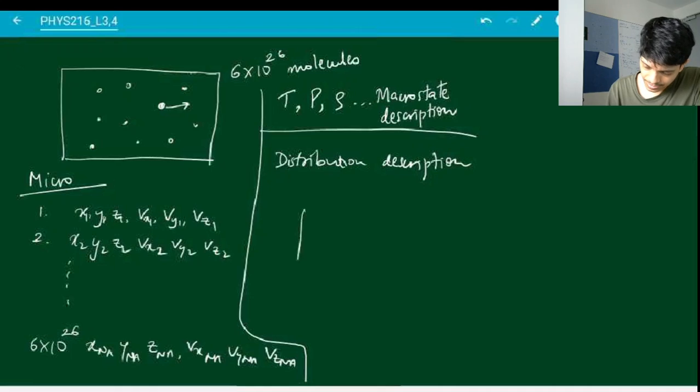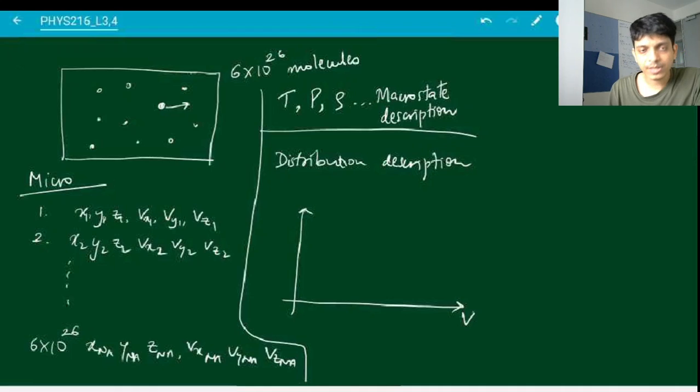It basically says if you have a system of an ideal gas like this, then how are the velocities distributed? So will most of them have very small velocities? Will it look something like this? Or will most of them have very high velocities, in which case it will look something like this? Or are most of them in the middle and then it becomes less on both sides? It turns out that is the correct description.